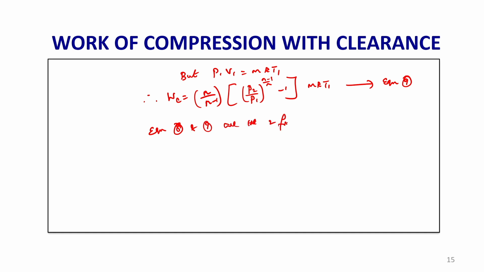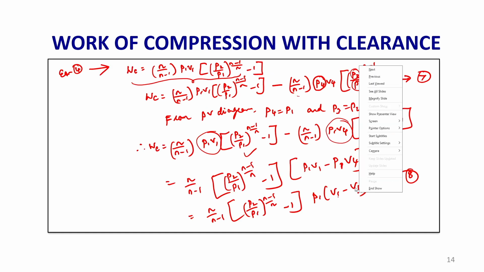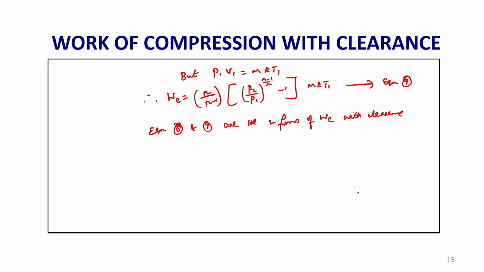Here the difference is you have got V1 minus V4, and we know that P1 V1 equals MRT1, so we can take that as MRT1.